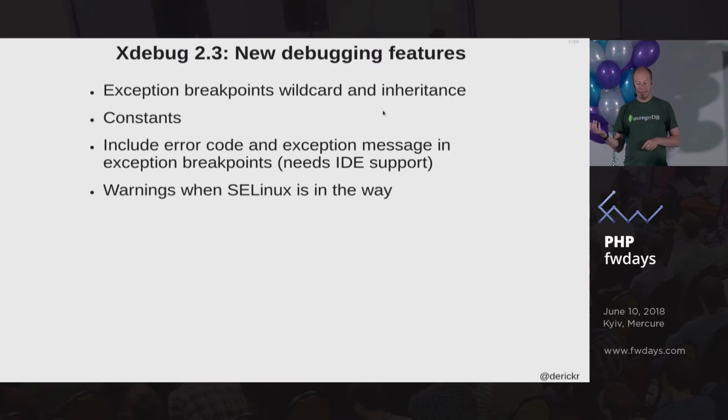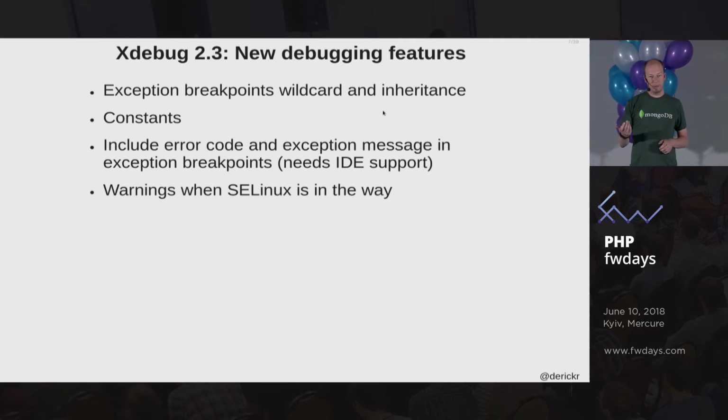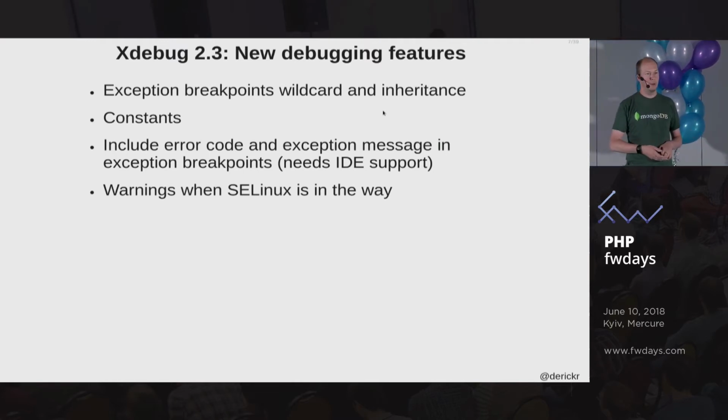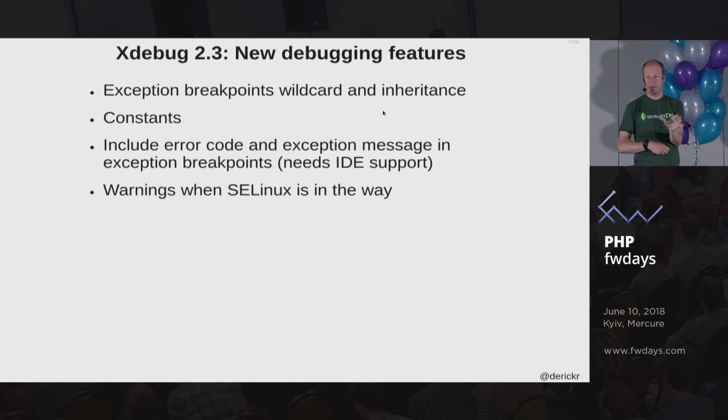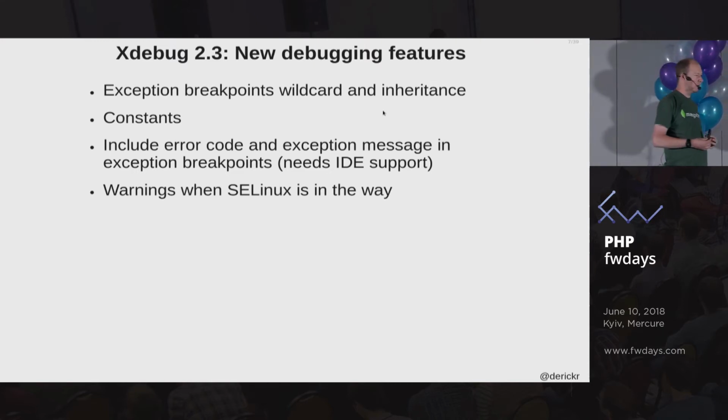So previously when you got an exception, you might get a breakpoint for that, but what it now also tells you is where those exceptions were called from, what the message of those exceptions were, and in addition to that, it now respects the inheritance tree of exceptions. So previously you could set a breakpoint on, say, my exception, but it wouldn't break on any exception classes that were derived or inherited from my exception. So that is something that is now added to it.